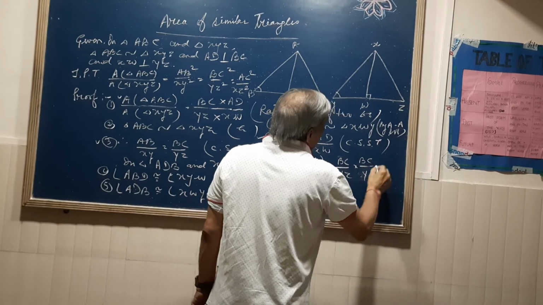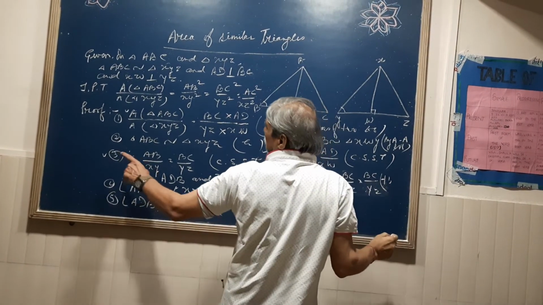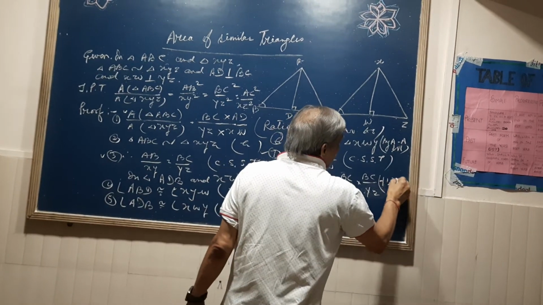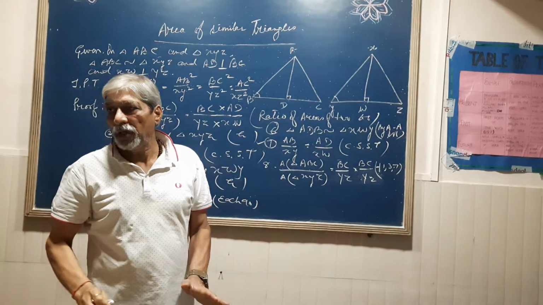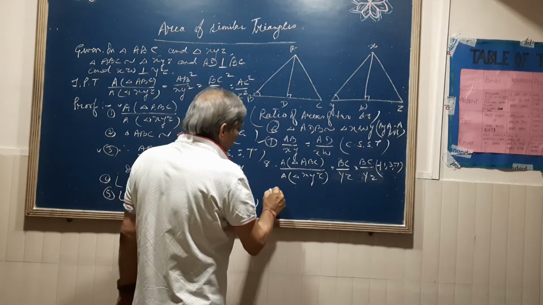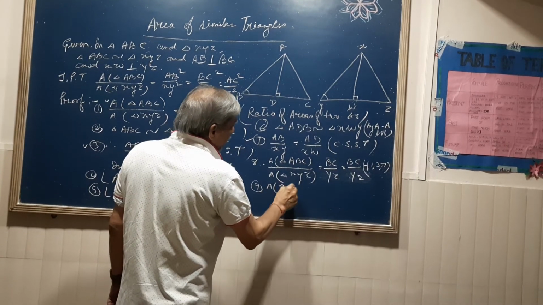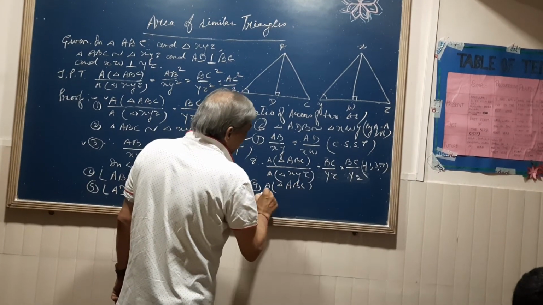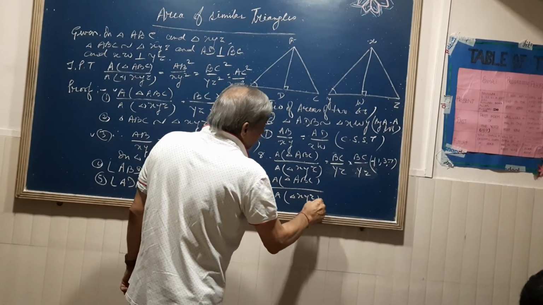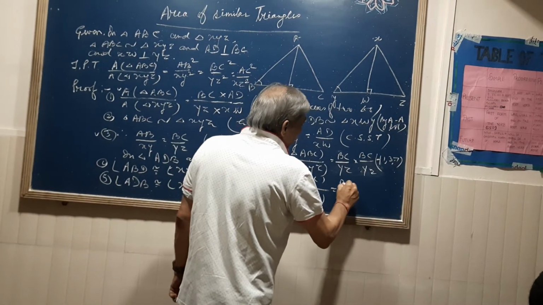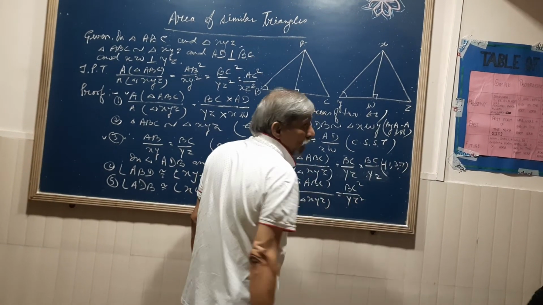Reason is what? From 1, 3 and 7. Which property? Transitive property. By transitive property, area of triangle ABC upon area of triangle XYZ is equal to BC square upon YZ square.